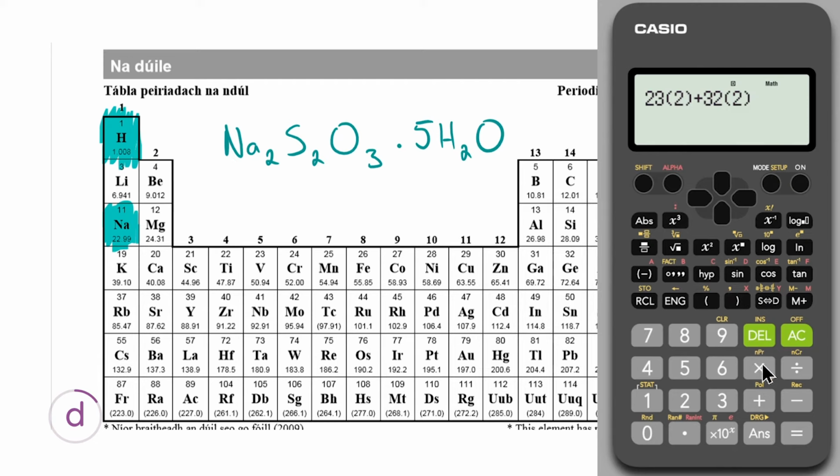And then on top of that we're going to have 3 oxygens, with the relative mass of oxygen being 16. You can check this yourself. Then we have to add on our water, so we're going to have 5, and don't forget, this 5 is multiplying the whole mass of the water, so it's going to be 5 times 2 hydrogens, which is 2 times 1, and then 1 oxygen, which is the 16. We're going to add all this up together, giving us our total of 248 as our relative molecular mass for our hydrated sodium thiosulfate.